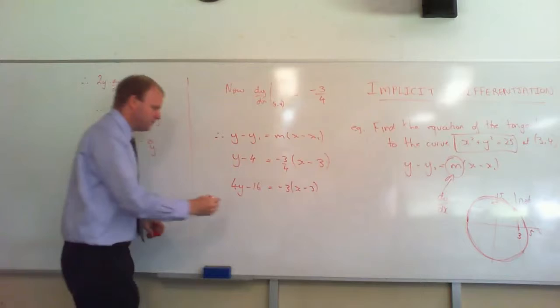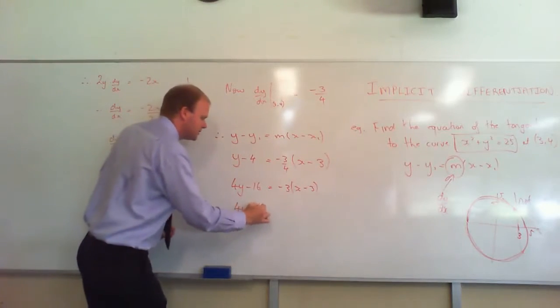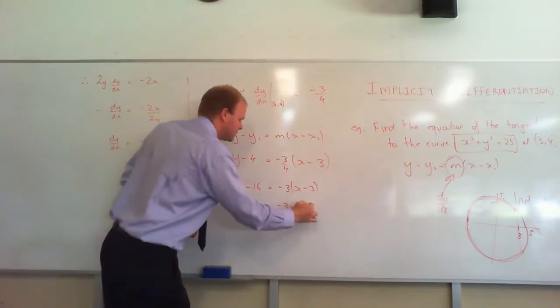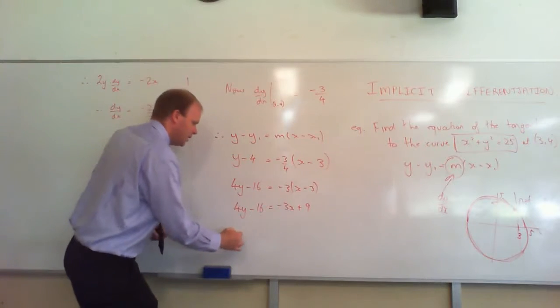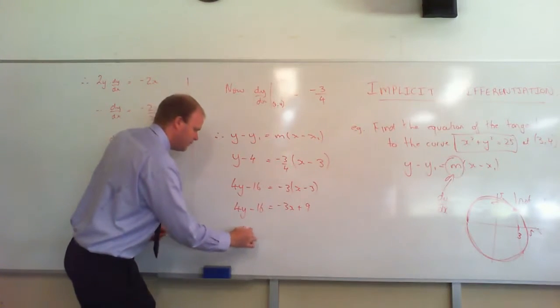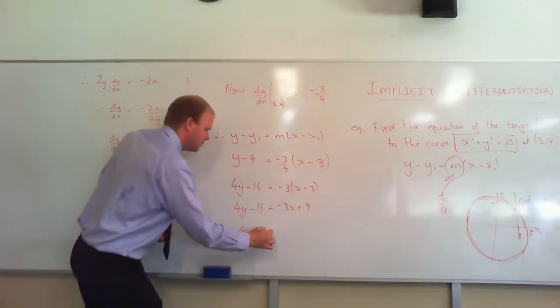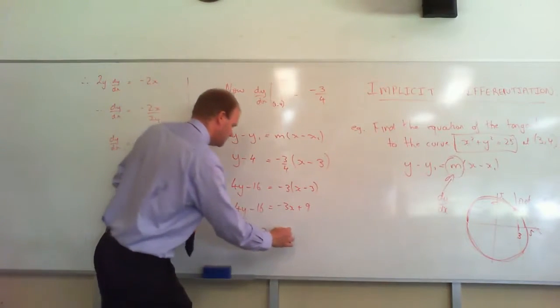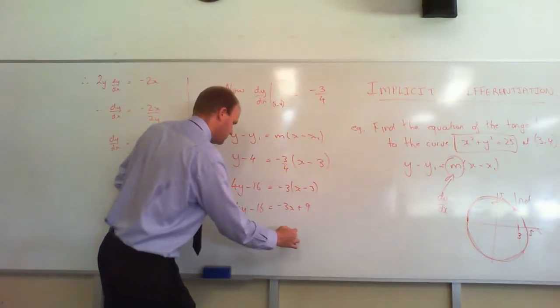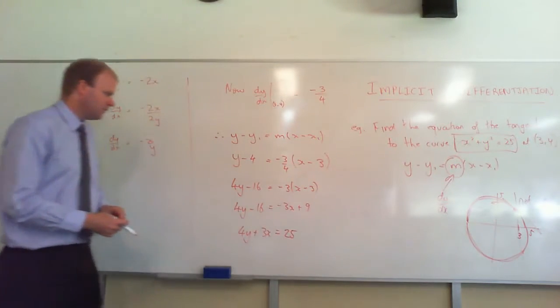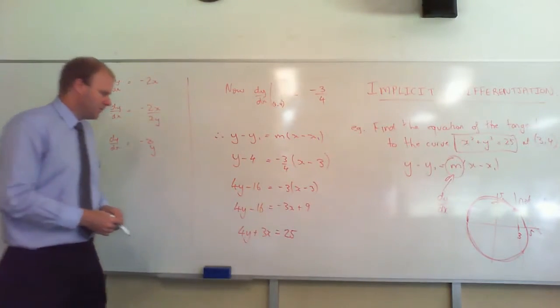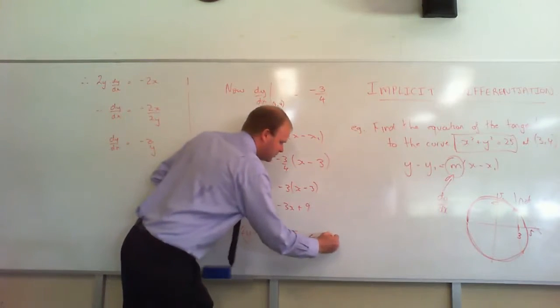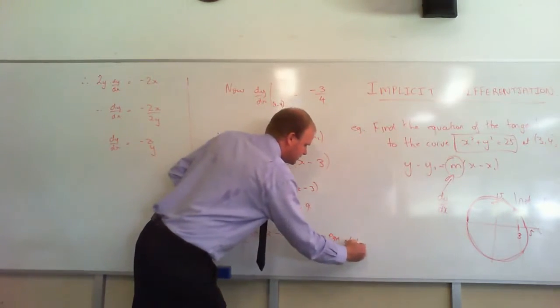Got rid of all the messy fractions, so 4y minus 16 equals negative 3x plus 9. And then let's put it in standard form. 4y plus 3x equals, alright, 25. And this is the equation of the tangent.